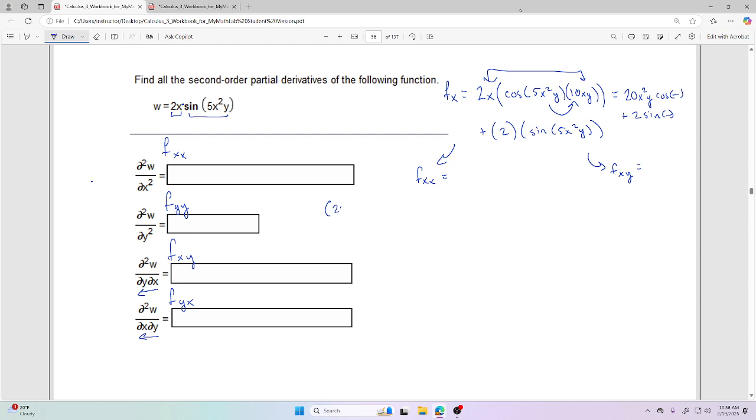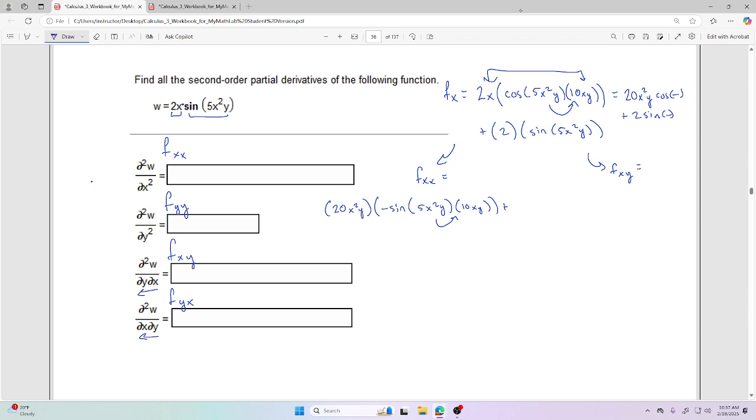So I'm going to leave the first one alone and take the derivative of cosine. Cosine goes to negative sine. Yep, very good. And we already found the derivative of the inside before, so just copy-paste that.